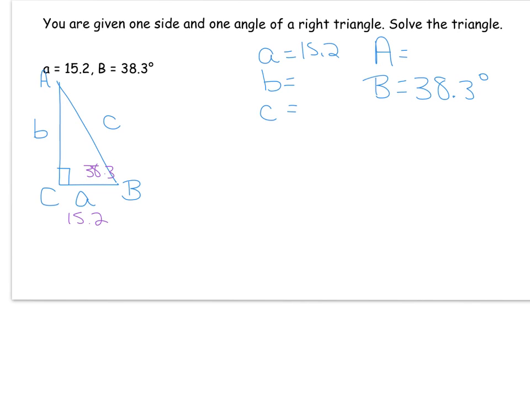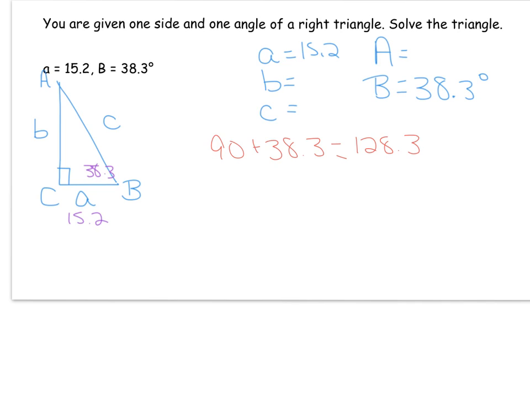So first thing we want to do, we want to look and say, okay, what else can we find? Well, we can find angle A pretty easy, right? What do we know about the angles of a triangle? The angles of a triangle add up to 180. So we're going to say 90 plus 38.3, and we're going to get 128.3.